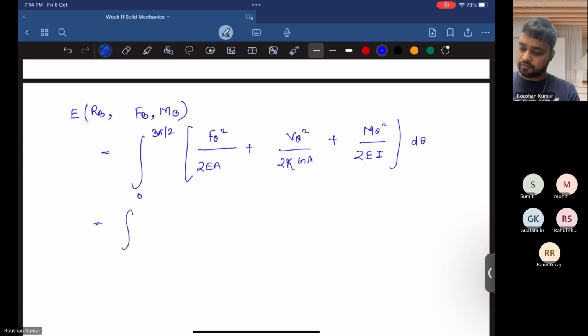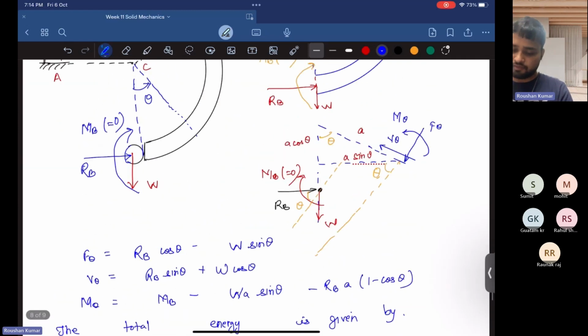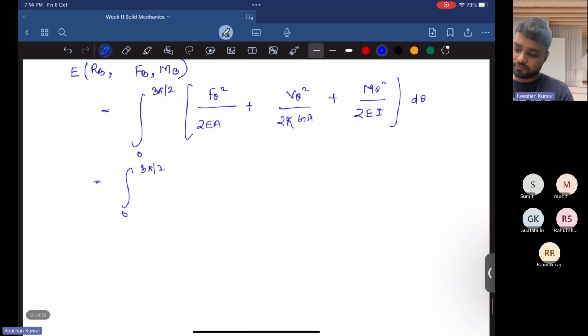Now we already know the value of F theta, V theta and M theta in terms of RB, FB and MB. So I just simply write here.